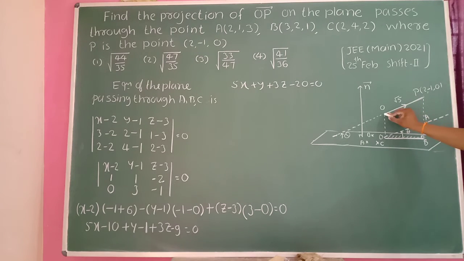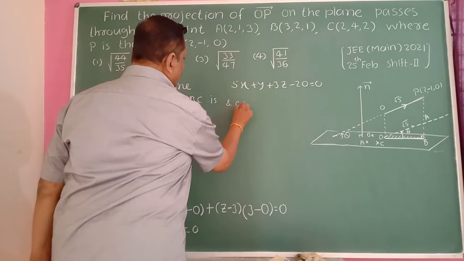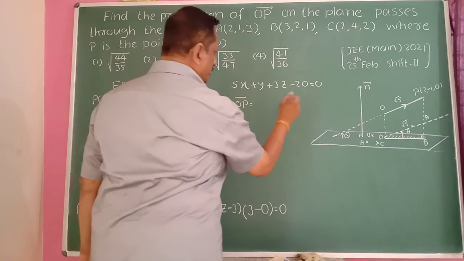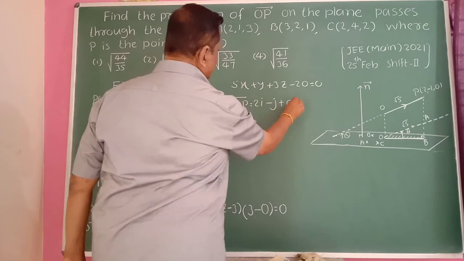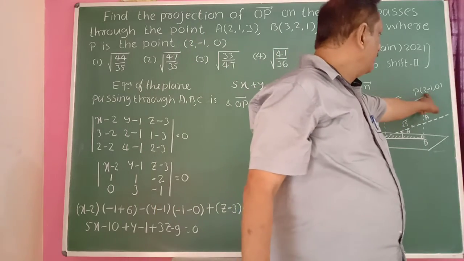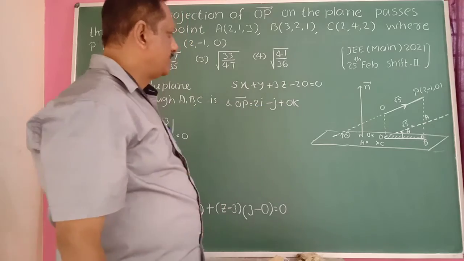Then this is the vector OP, and the vector OP bar is equal to 2i minus j plus 0k, because the point is (2, -1, 0). Therefore vector OP is given by 2i minus j plus 0k.